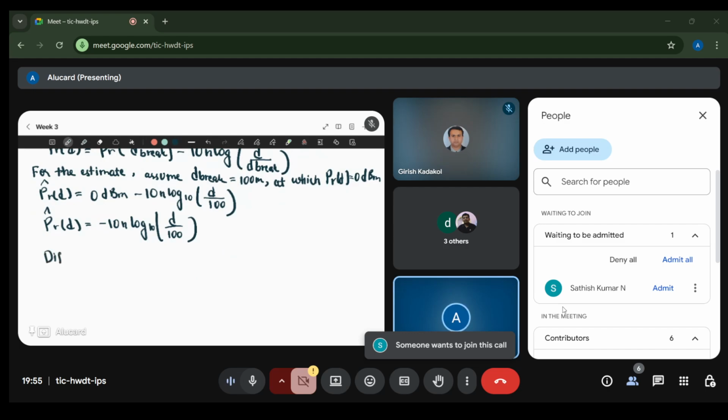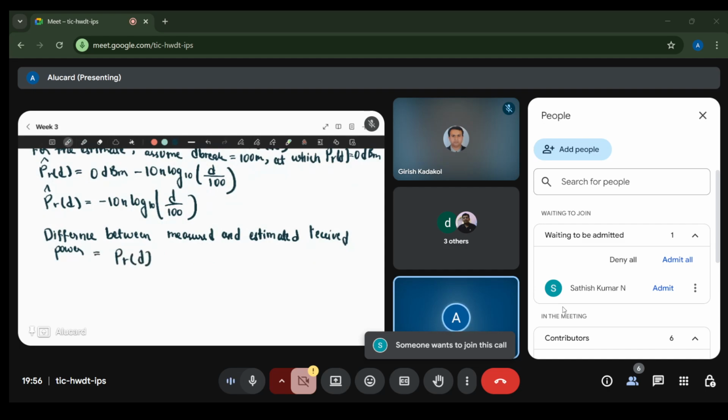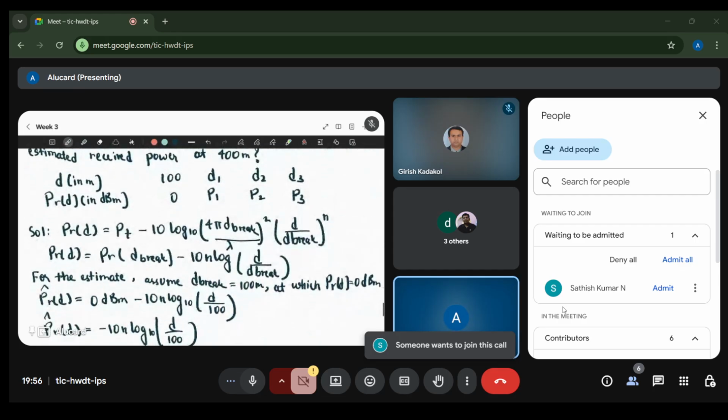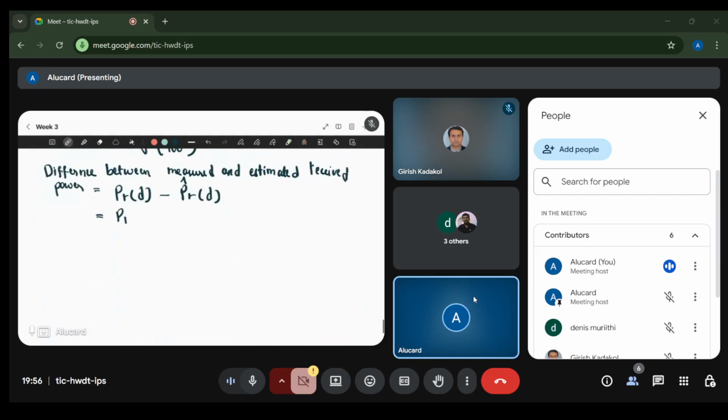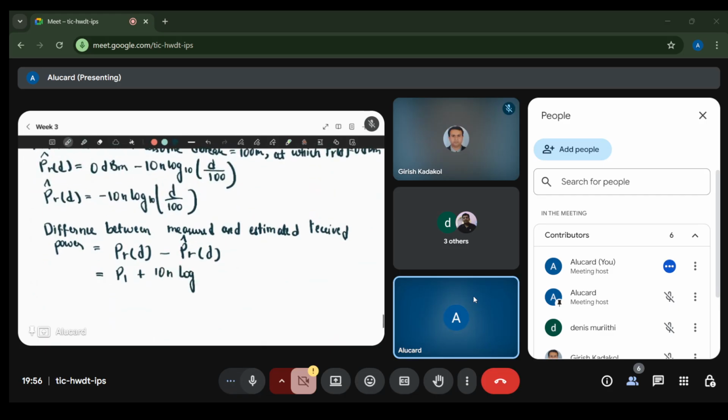Then the difference between actual, by actual I mean measured, and estimated received power is PR of D minus PR hat of D, which is, so D1 is 400 meters in the assignment question, so it will be P1 plus 10n log of D over 100.